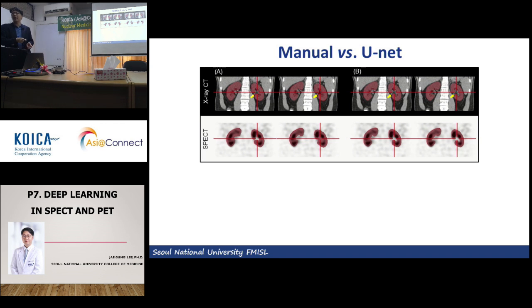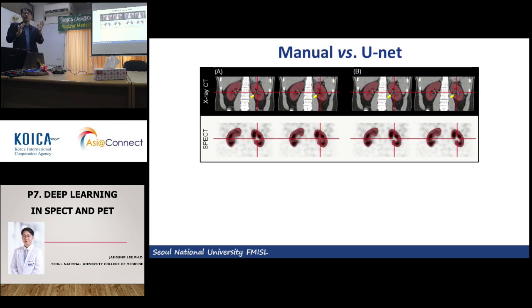That was mainly because drawing the region of interest on every slice is very time consuming. If we draw the region of interest on every slice, it will take about 1 hour or something like that.